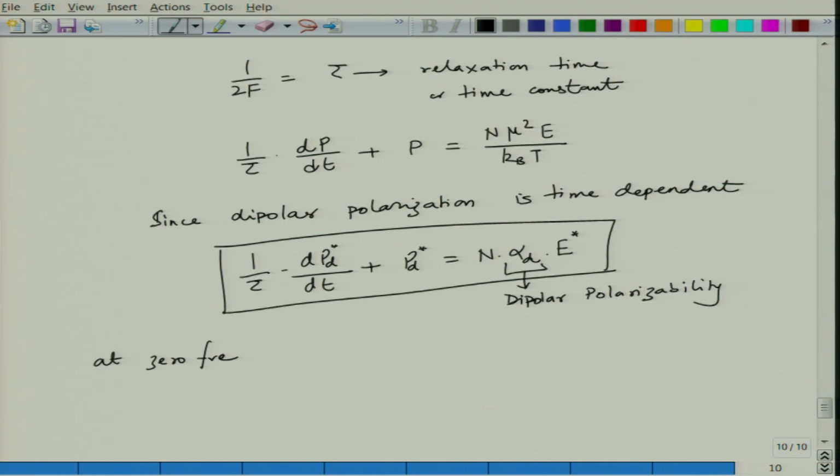So let us say at 0 frequency I achieve a polarization of PS. When the frequency is very small, all the mechanisms are contributing, and what we get is the static polarization.